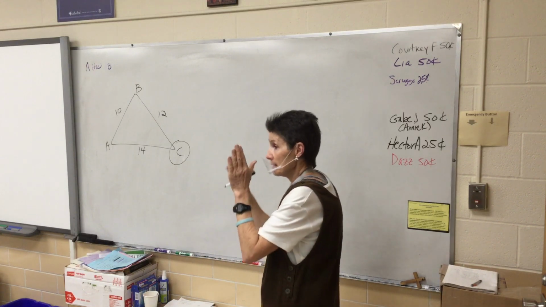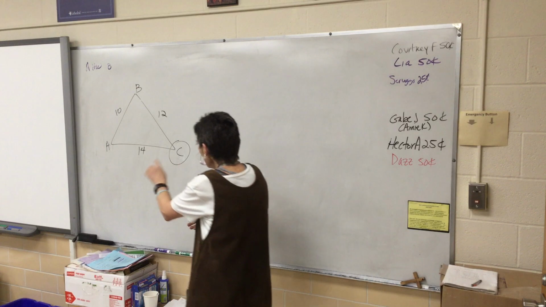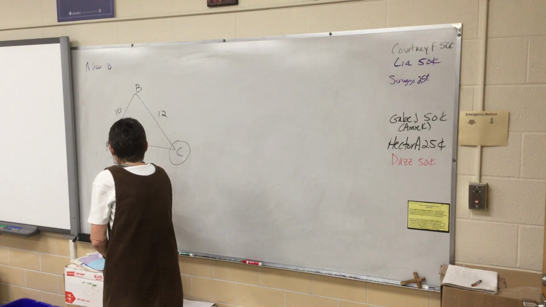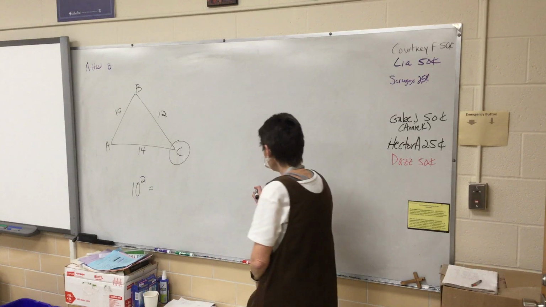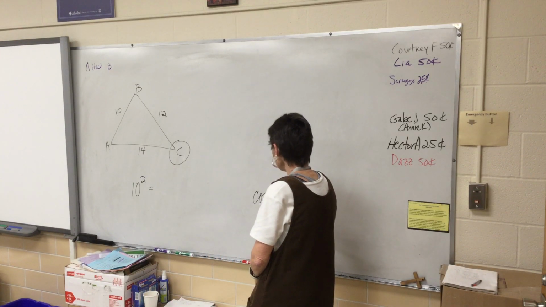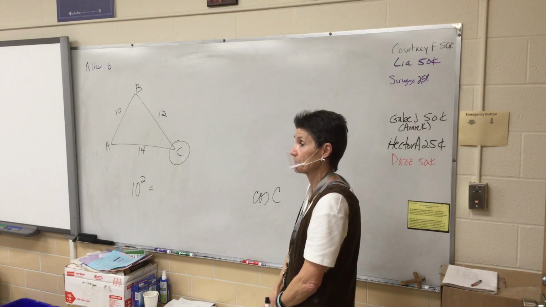Now, once I've decided I'm going to find angle C, then on this side is going to go 10 squared. And on this end is going to go cosine C. I don't even know what C is, but I know cosine of it goes out here.